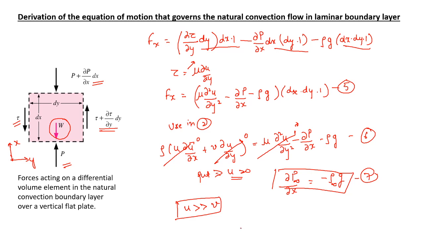Because of this, the components del v over del x and del v over del y can be neglected in our calculation. Remember, the velocity in the x direction is much larger than the velocity normal to the plate, so all these derivatives are very small and can be neglected.